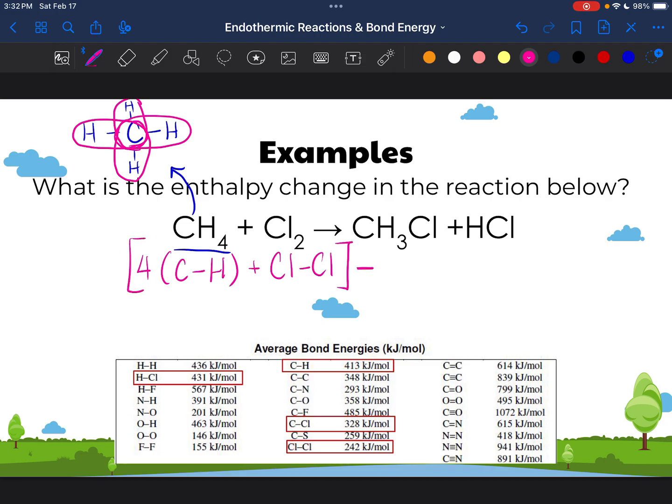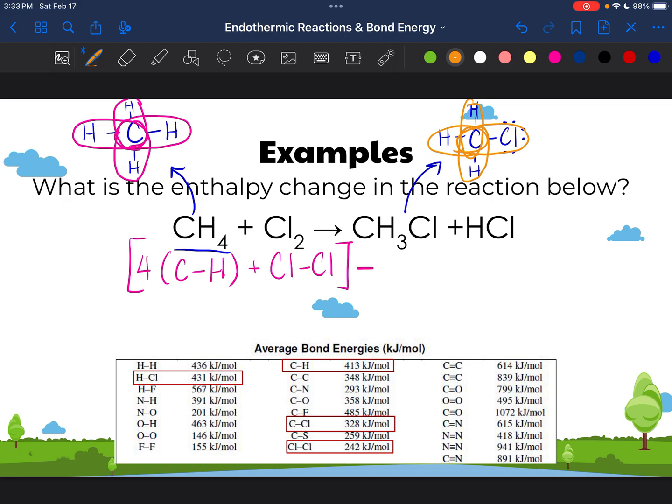For the CH3Cl, this one right here, I'm going to make sure I draw those out. Same concept. There's C-Cl, and there is C-H, C-H, and C-H.